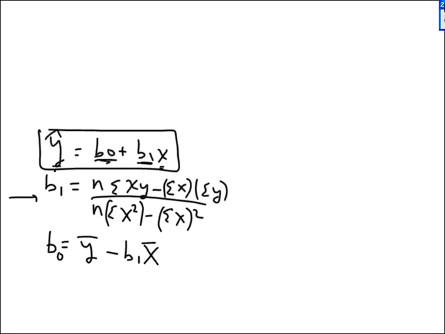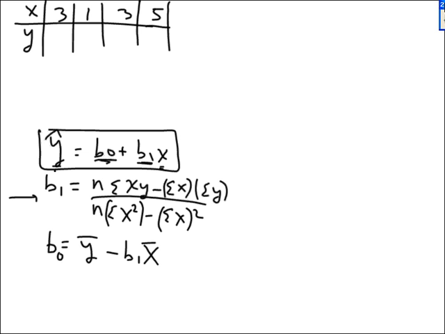Now, suppose you were given this data. Suppose you had some x's and y's, and you were told that x takes on the values 3, 1, 3, and 5, and we have the corresponding y values 5, 8, 6, 4.